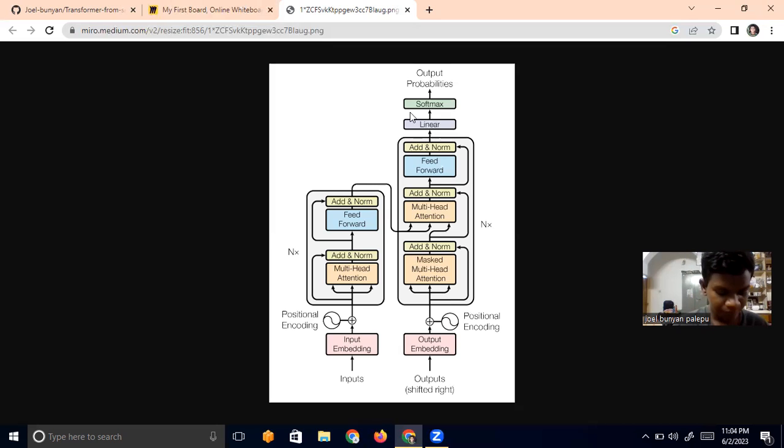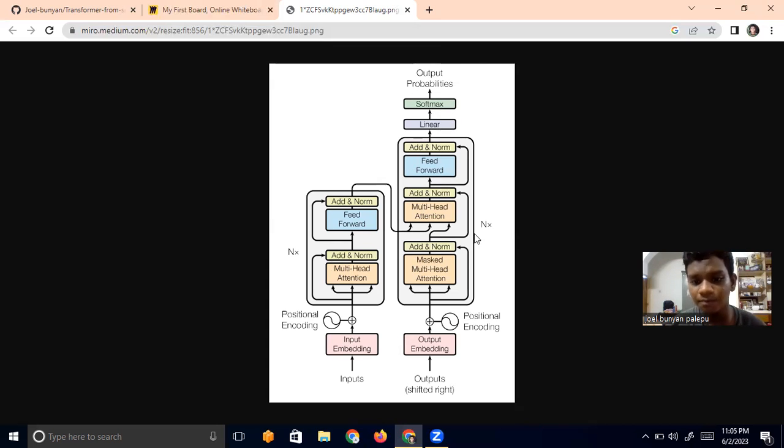And then we also have this new type, called cross multi-headed attention, even though the name is not specified there. The idea is we find the attention of the words in this output with the words in this input. And then we also have normal residual connections, some normalizations, feed forward, and linear and softmax to predict the output probabilities.